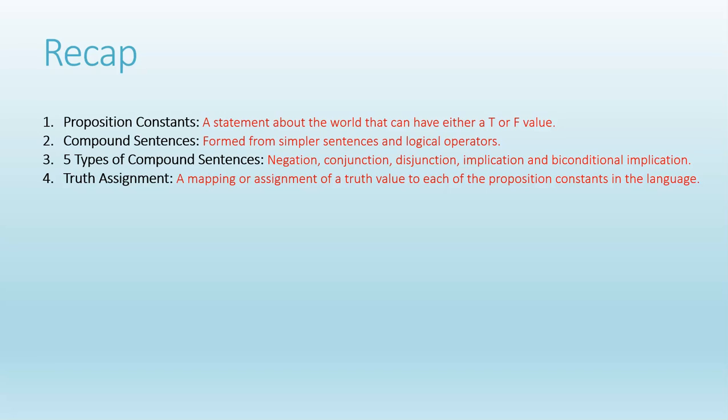We have a truth assignment, which is a mapping, or an assignment, of a truth value to each of the proposition constants in the language. So if you remember in our world that we created, sometimes it was true that the animal ate fish and the animal was a bird, but not true that it could fly.